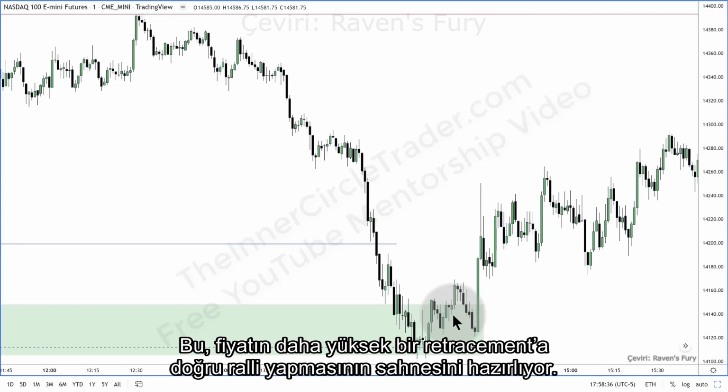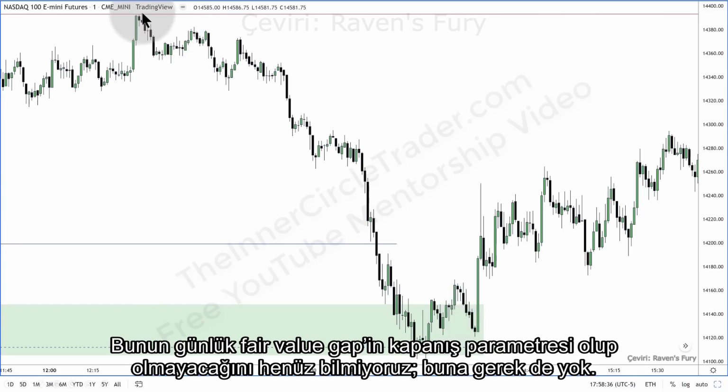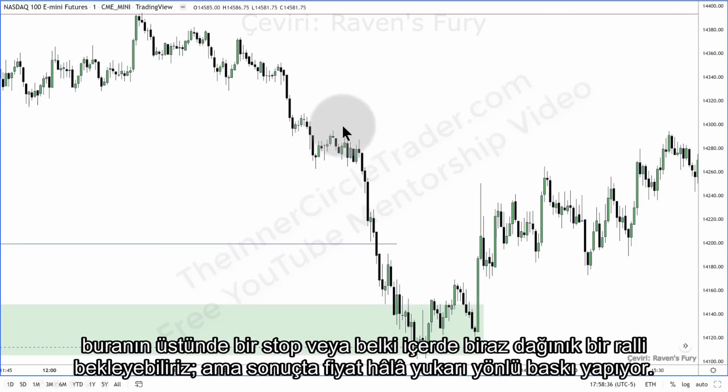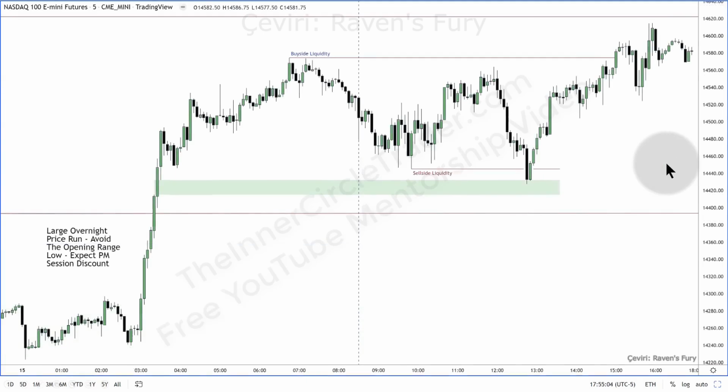Now, we don't know if this is going to be the closing parameter for a daily fair value gap. We don't need to know that yet. But this is a likely scenario to go long. And we can look for a run back up into this range here, or run the buy stops above here, or maybe inside here. Sloppy run, but nonetheless, it's still pressing higher.